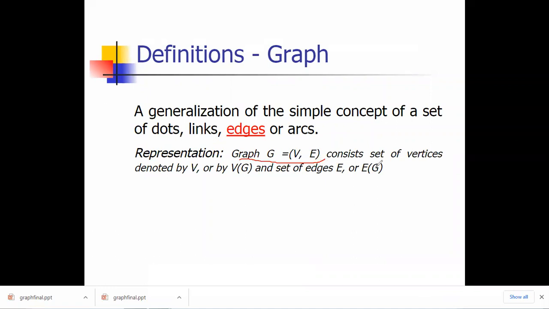G equal to (V, E) consists of a set of vertices denoted by V, the vertices of G, and the set of edges E, which we represent as E of G. The simple definition of graph is, it is a collection of vertices and edges connected via links. The edges mean the nodes connected via two vertices. So this is the concept of graph that everyone knows.